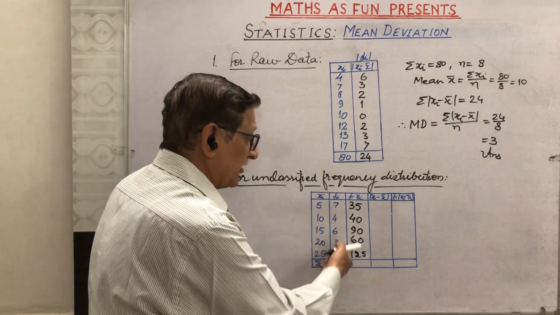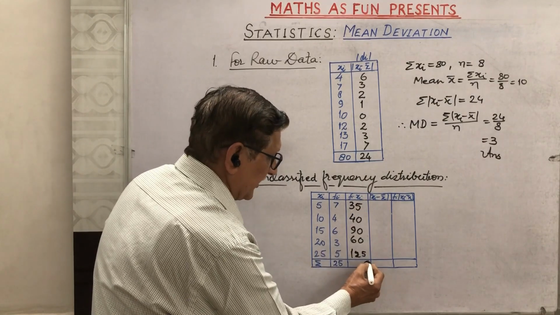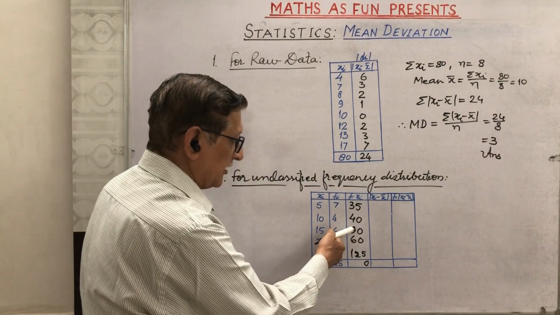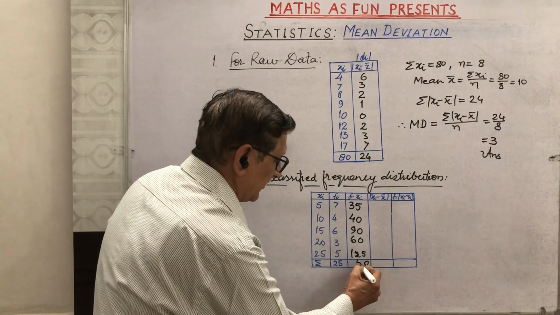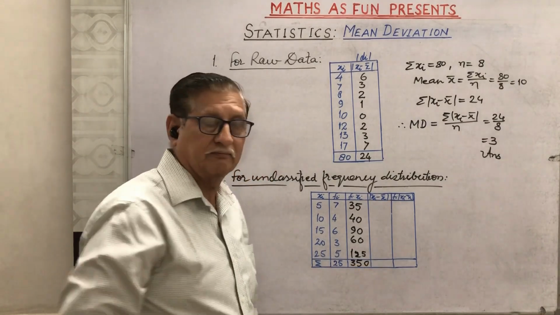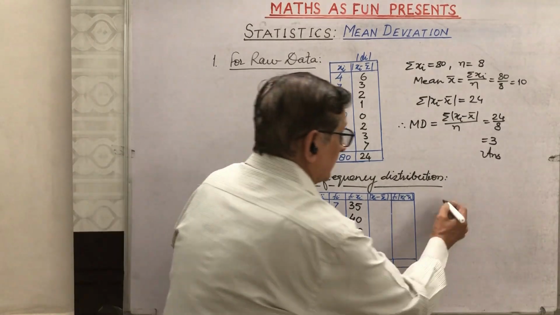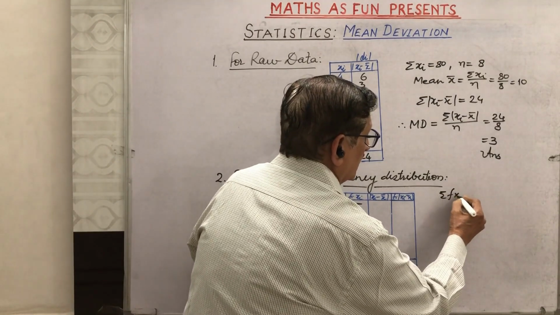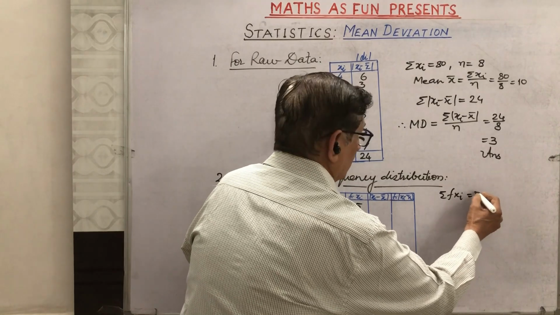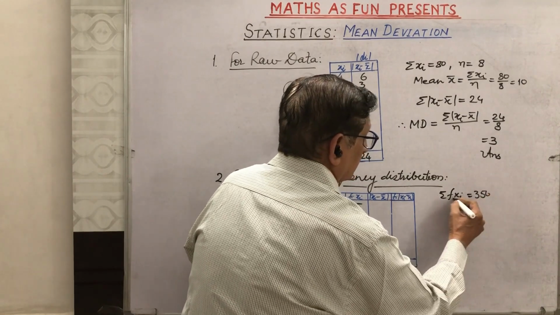Now the sum of fi xi, that is 5, 5, 10, 3, 6, 9, 18, 22 and 3, 25 and 2 and 1, 3. That is 350. So we are finding here sigma fi into xi is equal to 350.